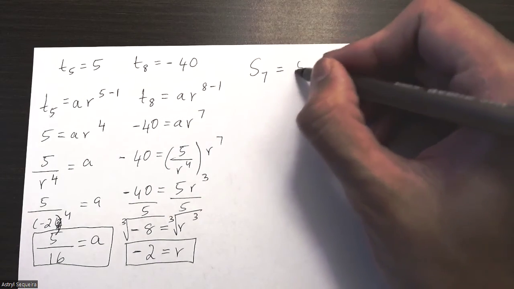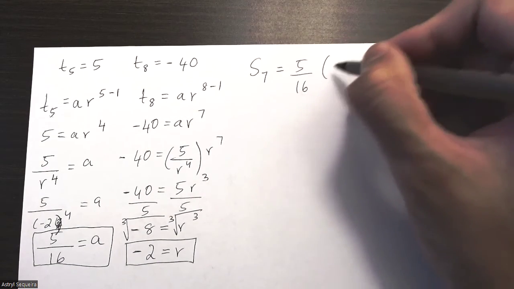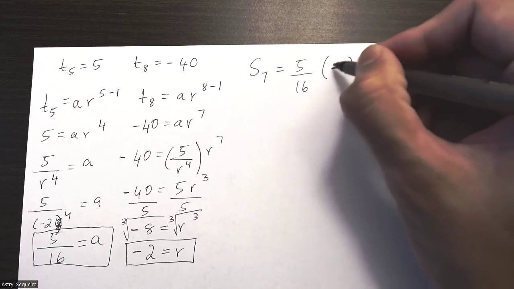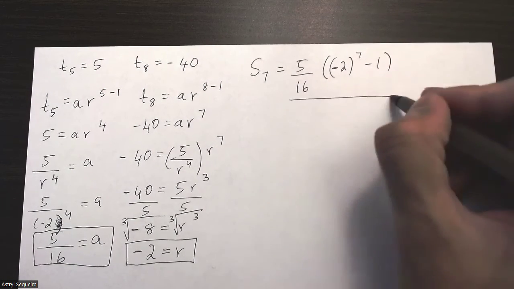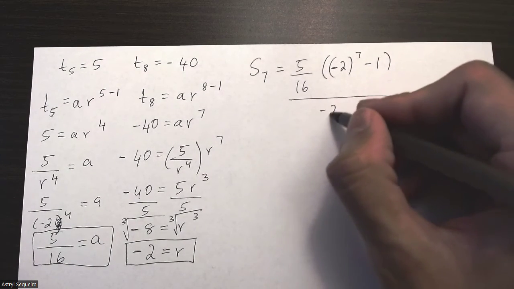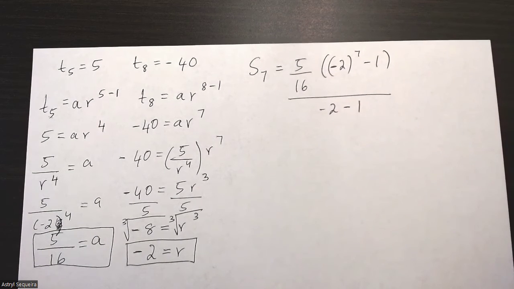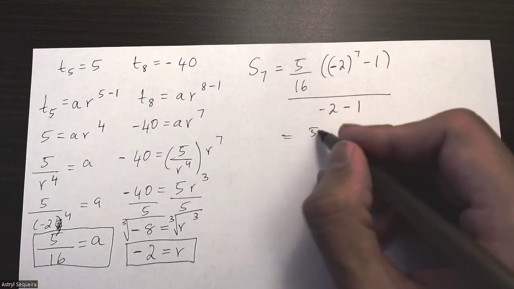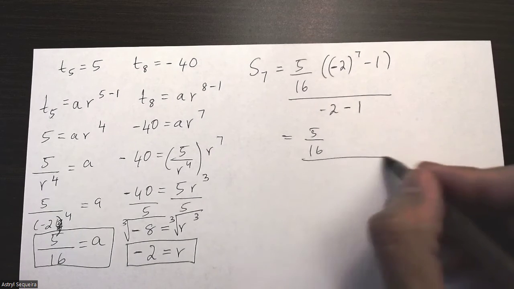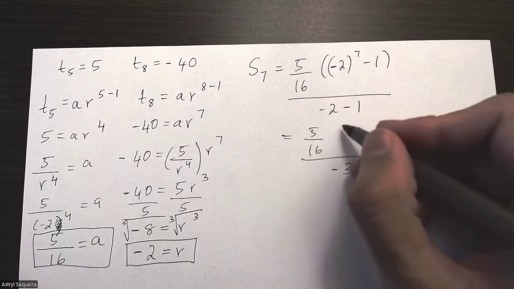S7 just equals to A R to the power of N minus 1 divided by R minus 1. That's just negative 3 in the bottom.